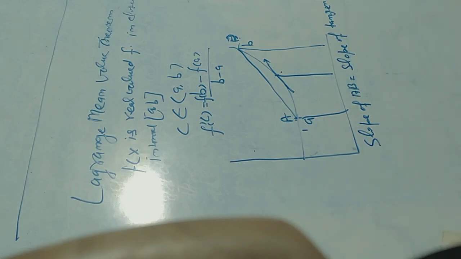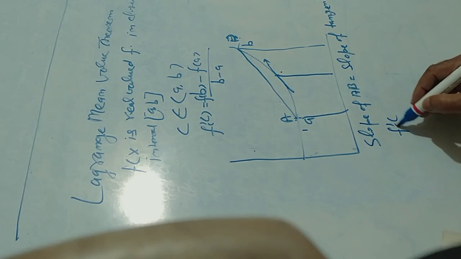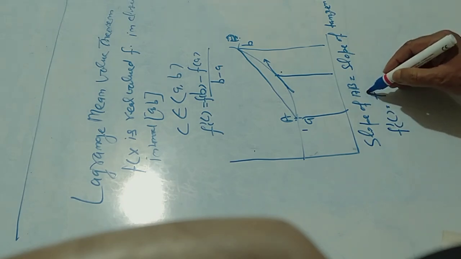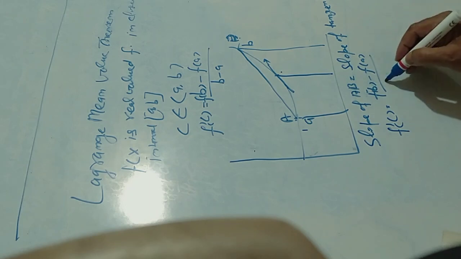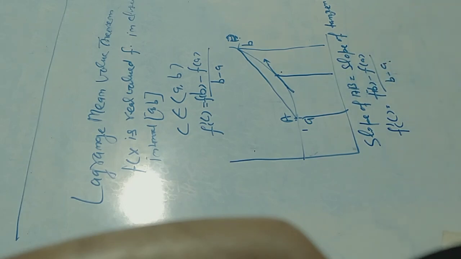Right? So f'(c) is equal to (f(b) minus f(a)) upon (b minus a). Okay, this is m.